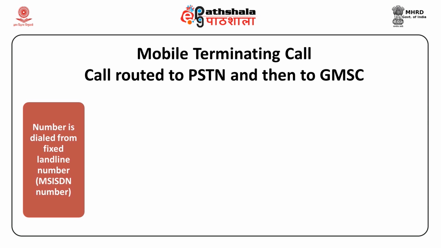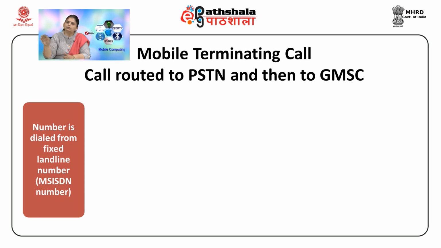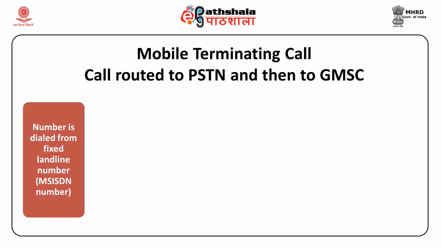Throughout the network the IMSI number flows, but it is not known to the outer world; it is only local to the network, and the network uses it to identify the subscriber. So, whenever a call is made to the mobile user, it will be only the MSISDN number.